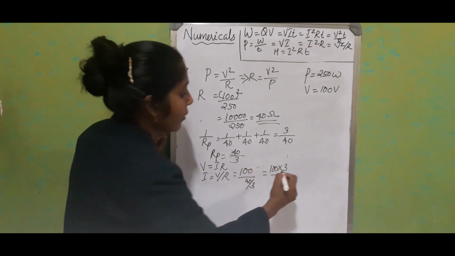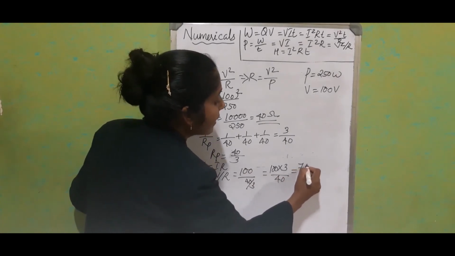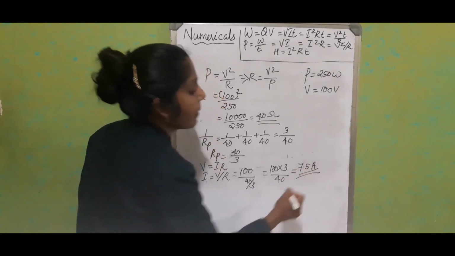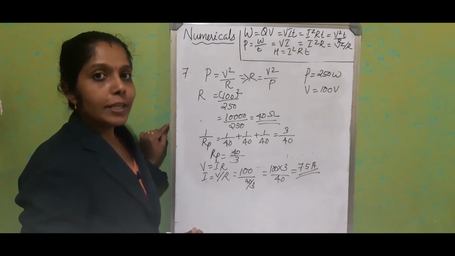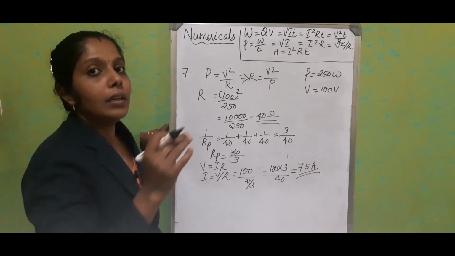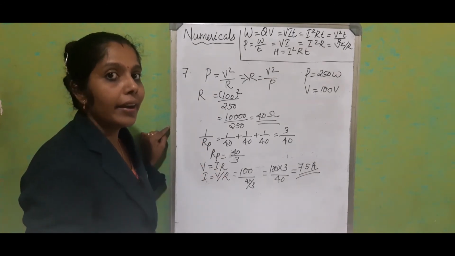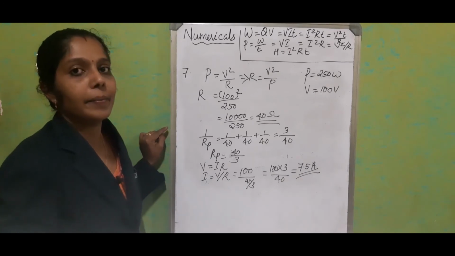When we solve it, we'll get the answer as 7.5 ampere. So we found the first part: the current passing through each heater is 7.5 ampere.